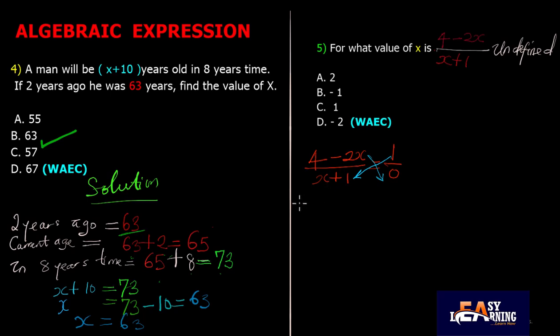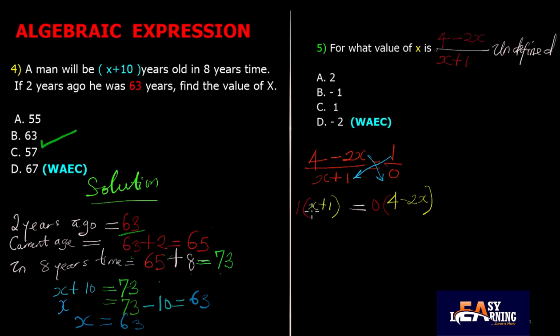So we're going to have 1 multiplying everything in the first bracket, that is x plus 1, and 0 multiplying everything in the other bracket, 4 minus 2x, that equals 0.